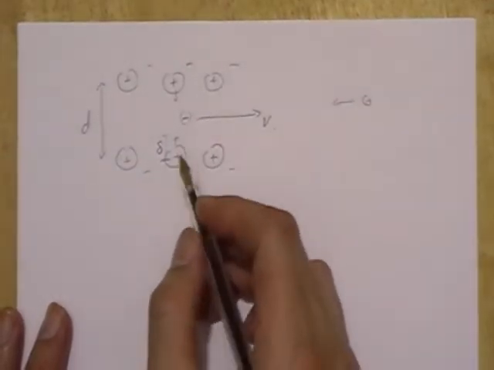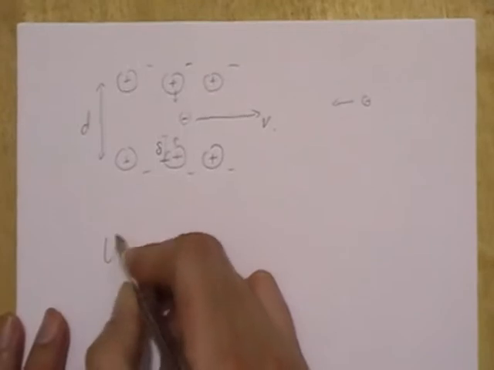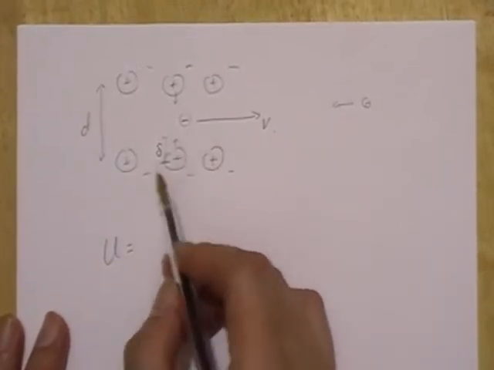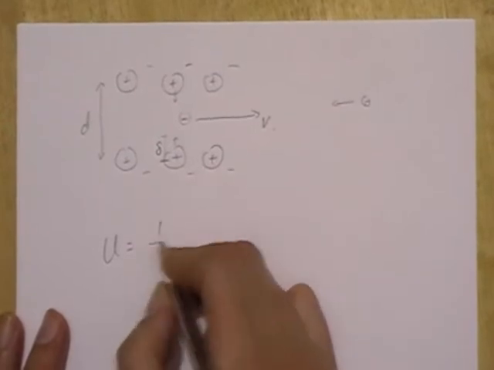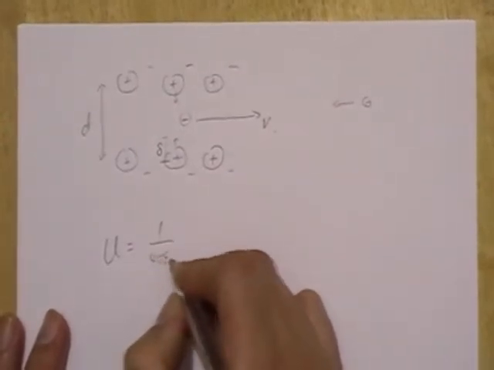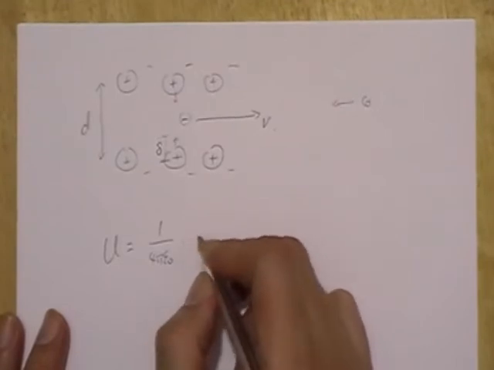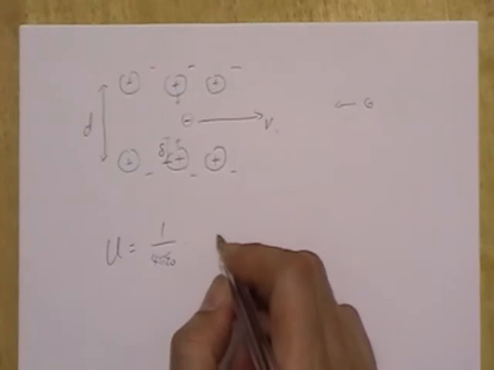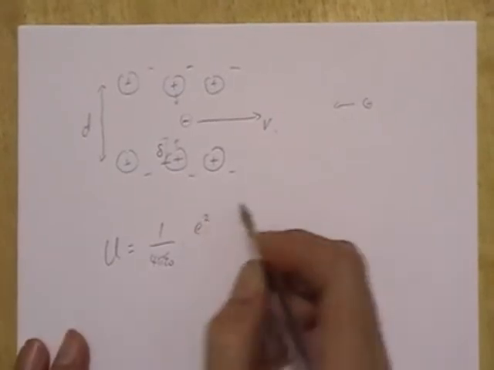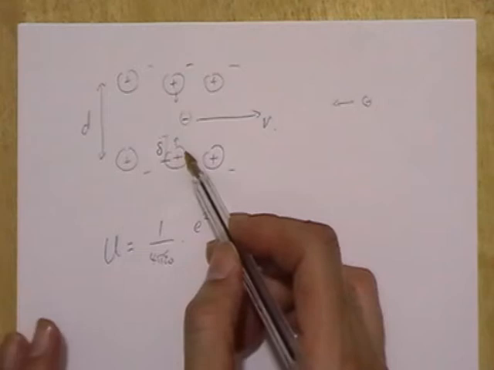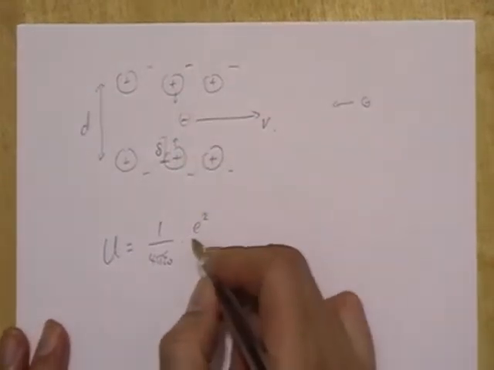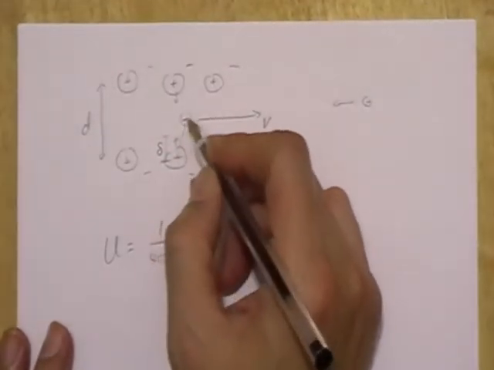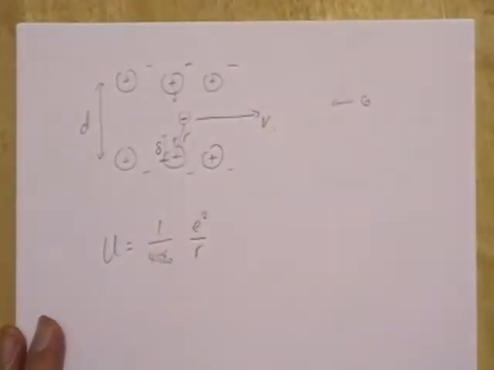Okay, so the Coulomb potential due to this ion is given by 1 over 4 pi epsilon naught times e squared, that will be the charge of the ion and the charge of the electron, over r, which is the distance of the electron from the ion.